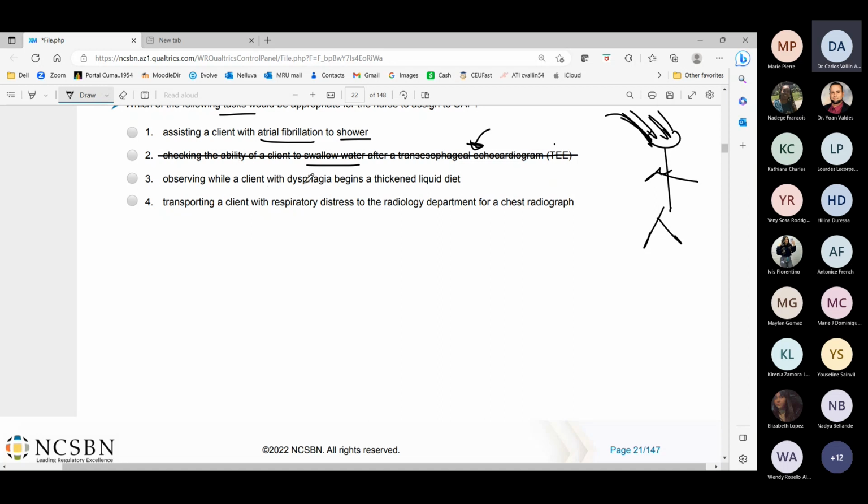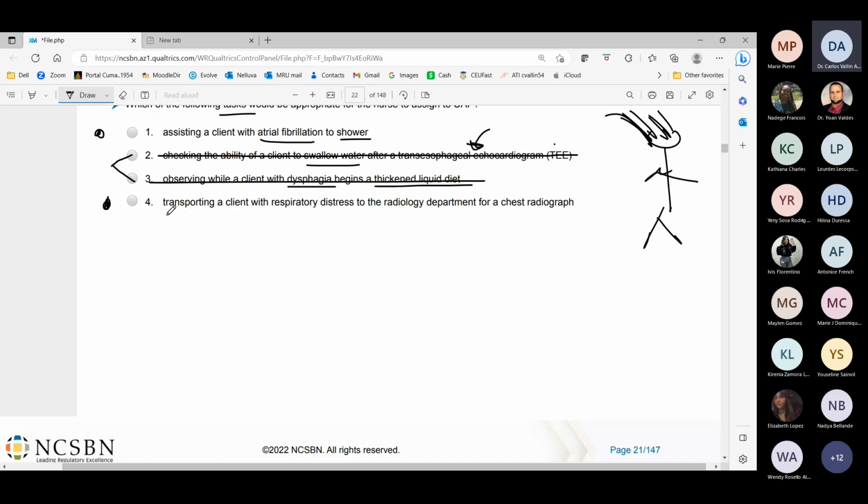Observing while a client with dysphagia begins a thickened liquid diet, it is the same. It is the same strategy. So it cannot be either one. Transporting a client with respiratory distress to X-ray for a chest X-ray. So it's between 1 and 4.